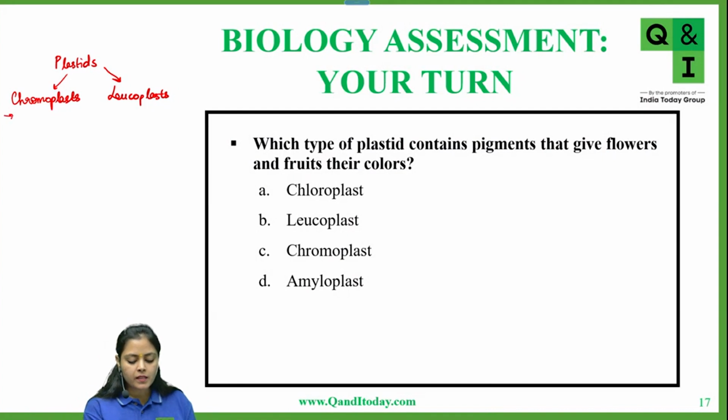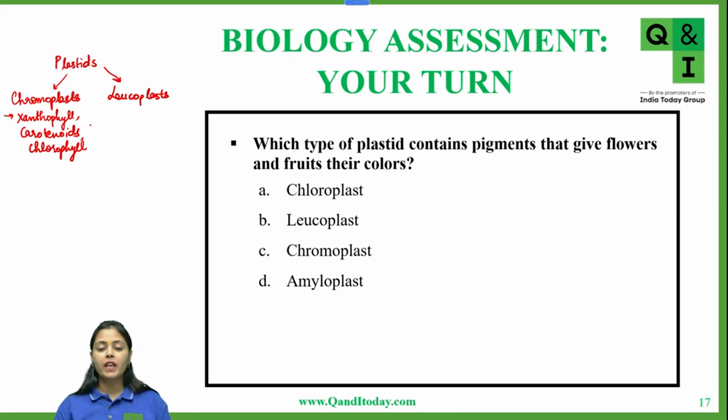Now, chromoplasts contain various pigments. I also told you the names of pigments like xanthophylls, carotenoids, chlorophylls. Depending on these various types of pigments and their concentration, chromoplasts will impart different colors to flowers and fruits.